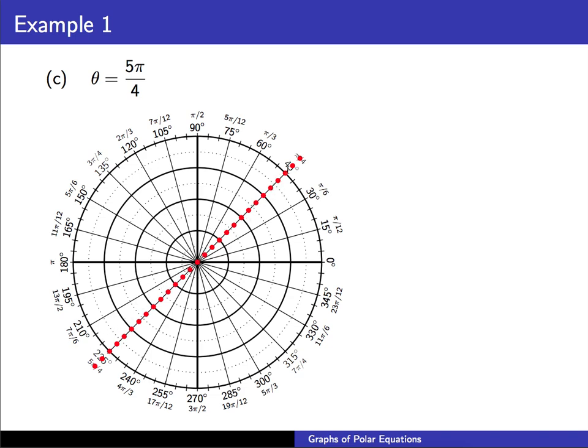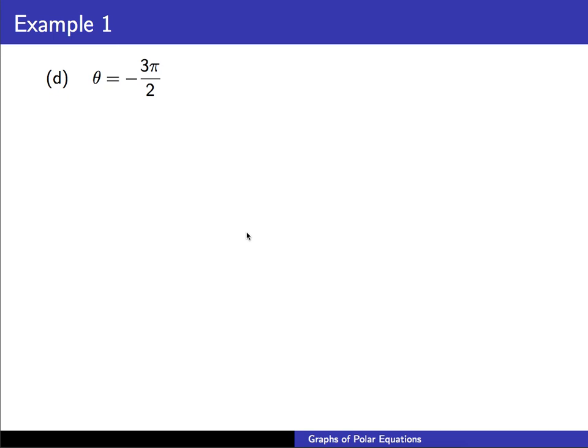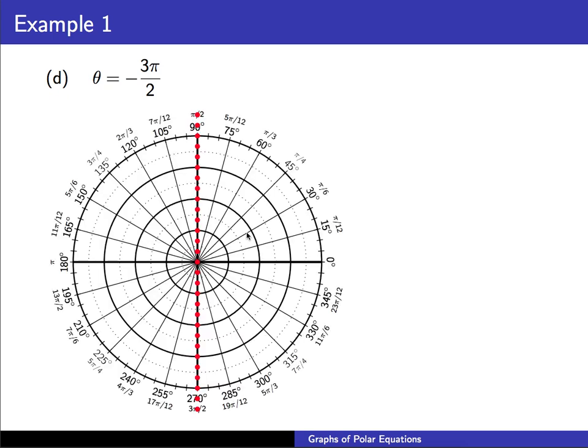In terms of this graph, it's a line that goes through the pole of the polar coordinate plane, and it makes an angle of 5 pi over 4 with the positive x-axis, or the polar axis. In this case, the slope would be the tangent of 5 pi over 4, which is 1.